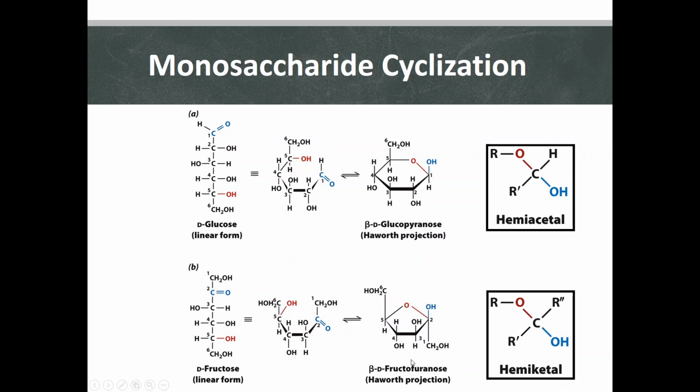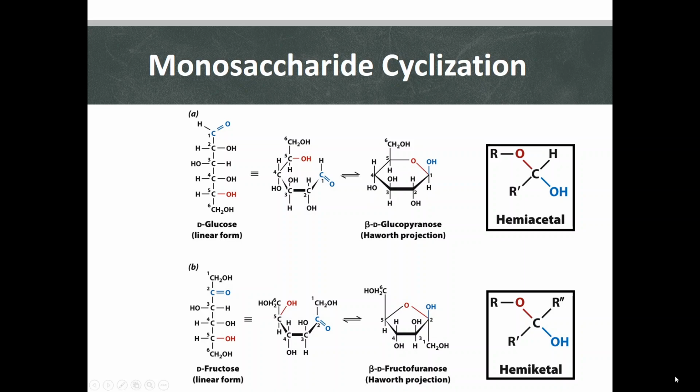So the 5-membered ring is defined as a furanose ring. Remember, the 6-membered ring is the pyranose form. The 5-membered ring is the furanose form. And in this case, the ring closure generates a hemiketal. And this is all based on the fact that you started with a carbonyl group that was in the ketone form, not the aldehyde form.